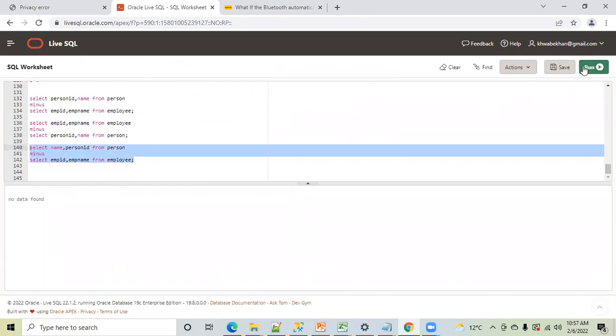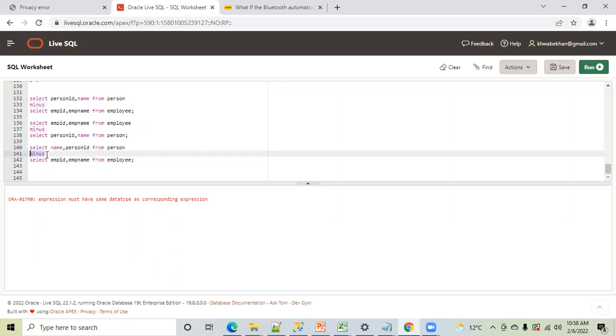Now I'm running this query, and this is the output. Why is this giving me this error message? Because expression must have the same data type. Name is varchar, your employee ID is number. So column-wise, the data types must be the same.